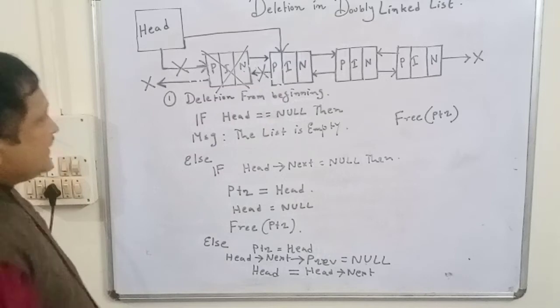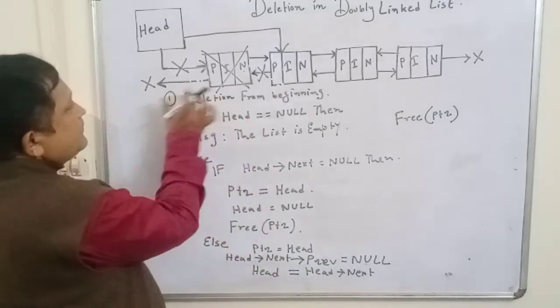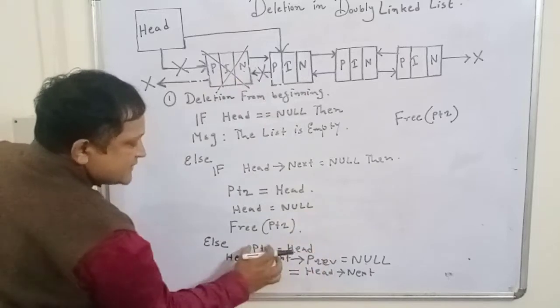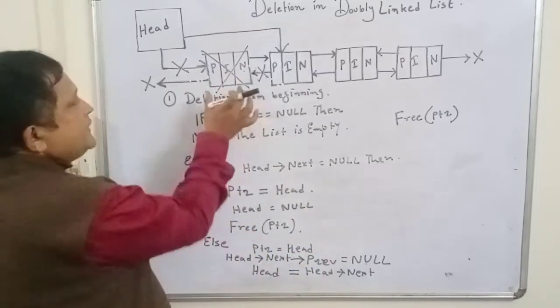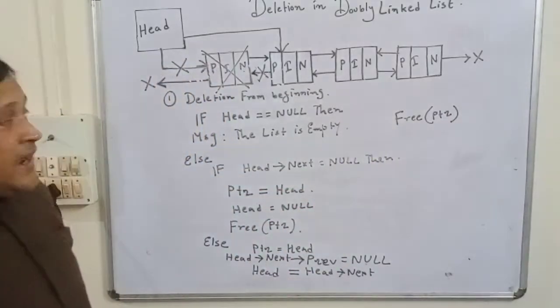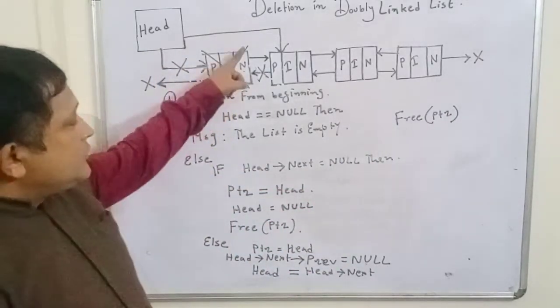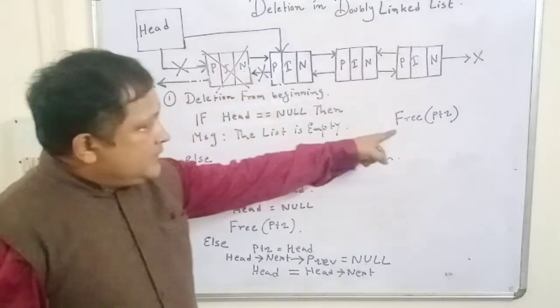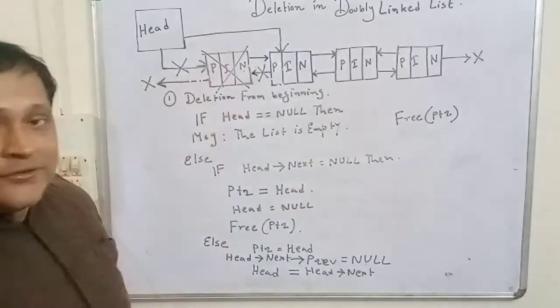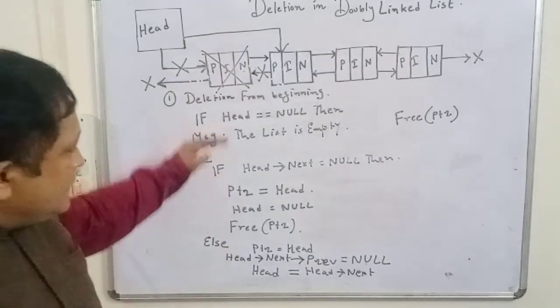And after that, what is PTR? PTR is holding the address of the first node, because head was assigned to PTR. So PTR is pointing to this node and we are freeing PTR. So in this way we can delete.